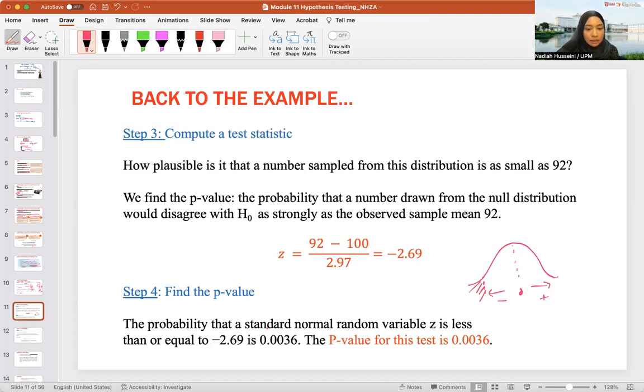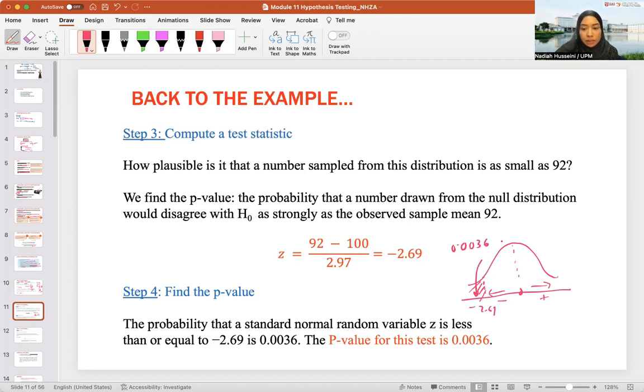So the probability that a standard normal random variable z is less than or equal to minus 2.69 is 0.0036. So this region has 0.0036 probability, right? The total is 1.